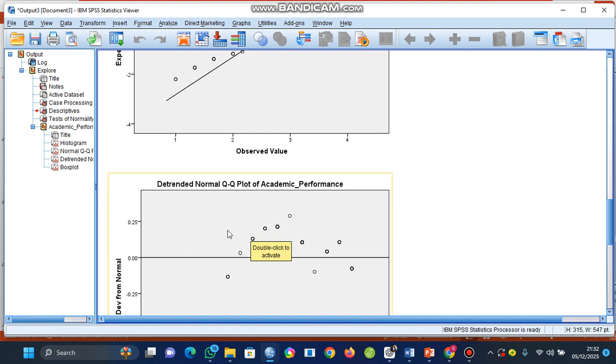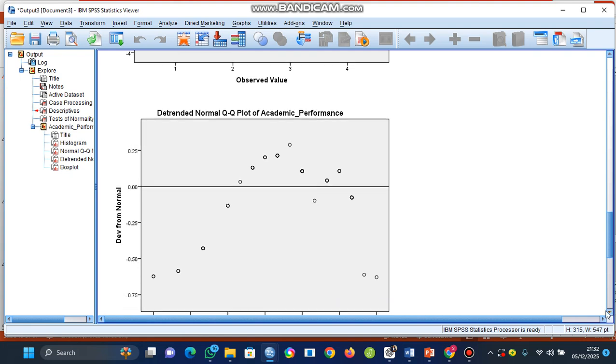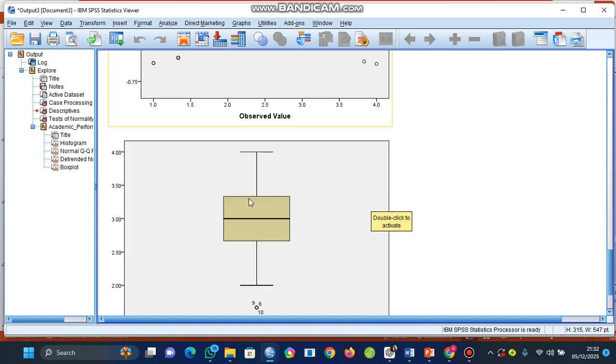The detrended Q-Q plot is also showing the same thing. So look at the way these points are scattered from the line and not even close to each other. It is actually showing that this is abnormal, so it is not a normal distribution.